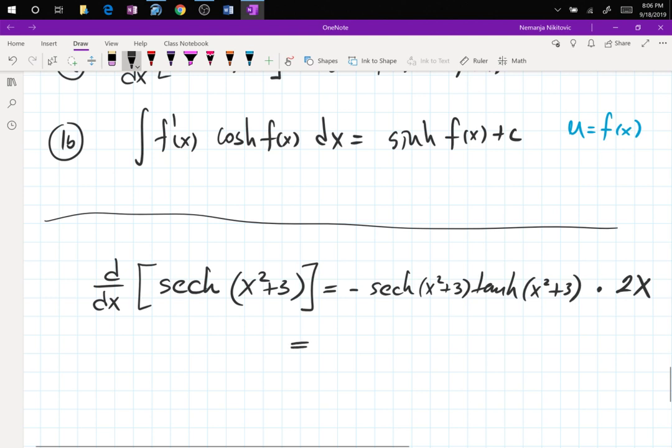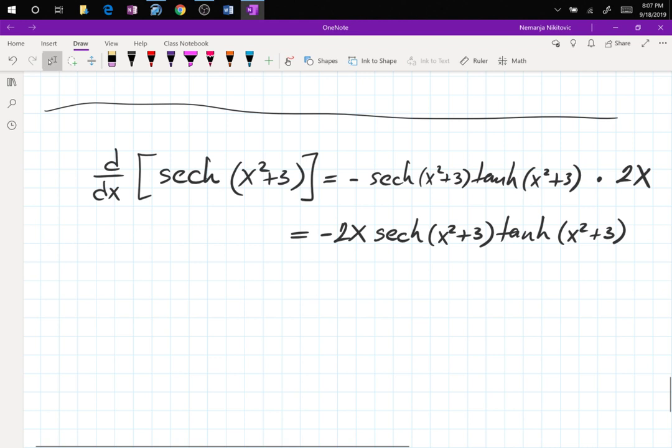So the total answer over here is negative 2x, secant hyperbolic of x squared plus 3, tangent hyperbolic of x squared plus 3. You just have to know this stuff. We used chain rule, which is what you learn in Calculus 1, to take the derivative, and then followed with the derivative of the inside of the function.